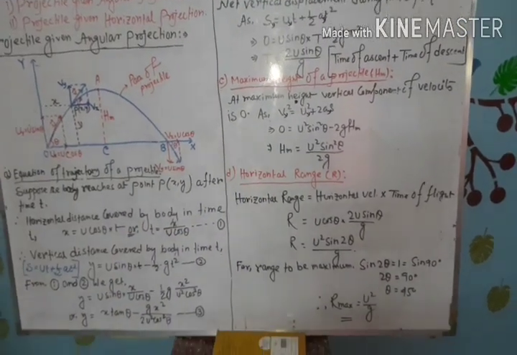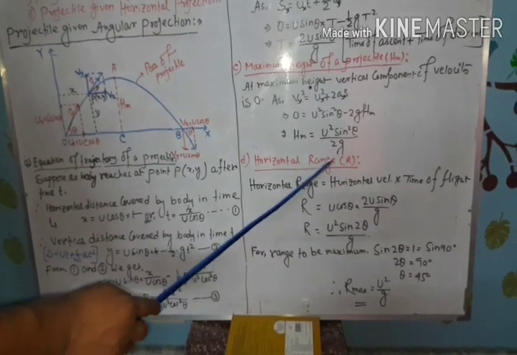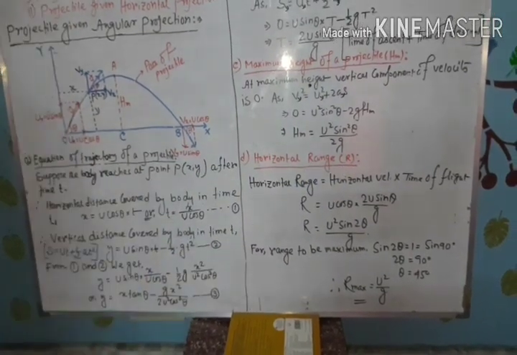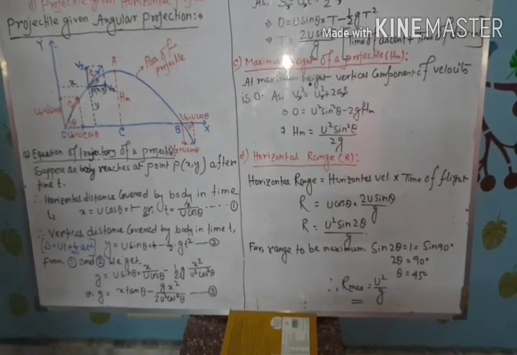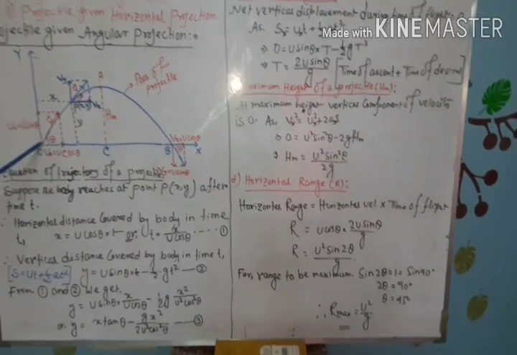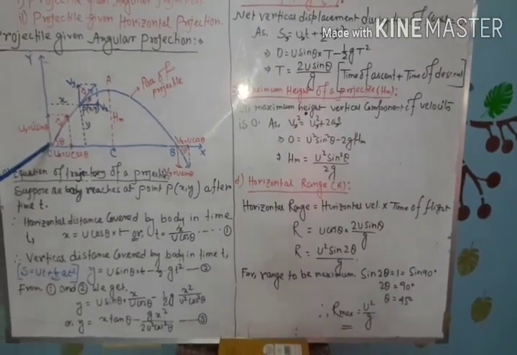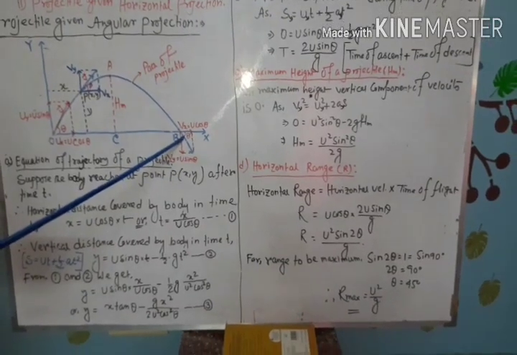Now we have to determine the horizontal range, which is denoted by R. Now see the diagram. The horizontal distance covered by the projectile from the point of throwing to the point of again meeting the ground is called the horizontal range.